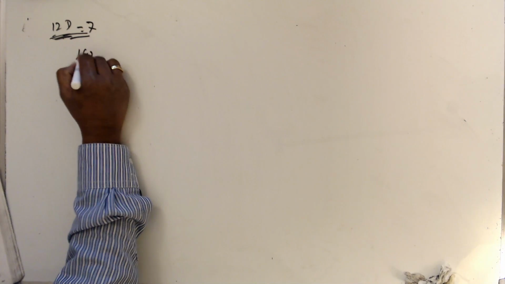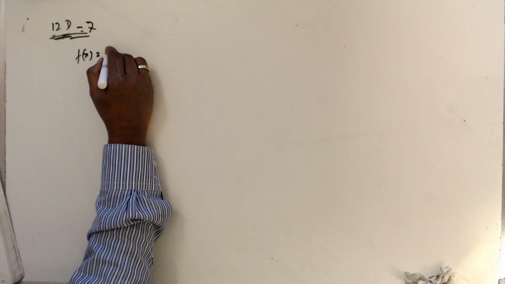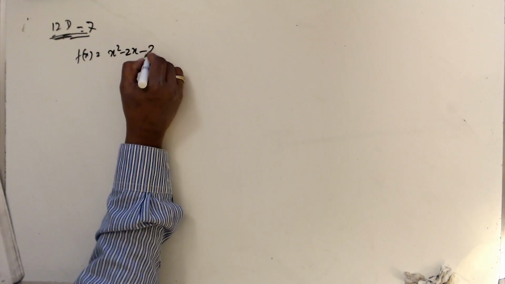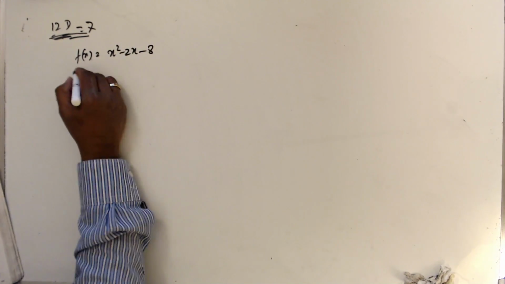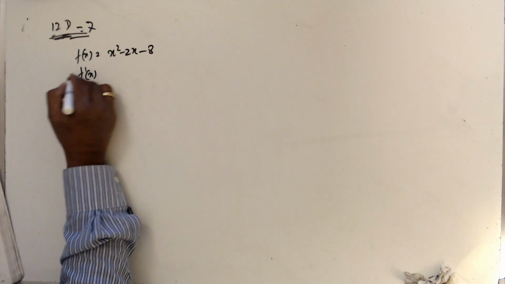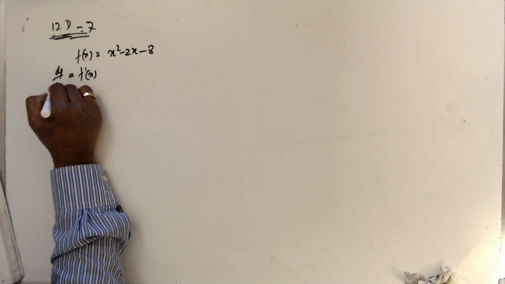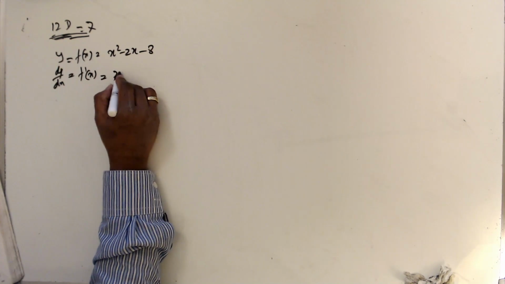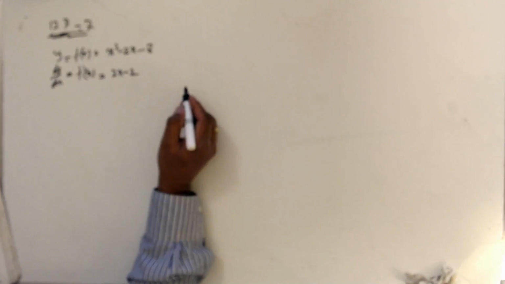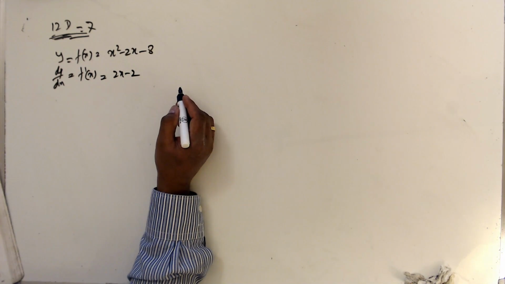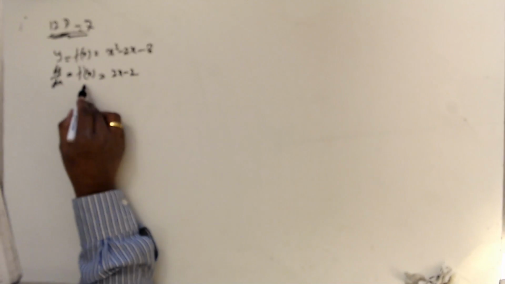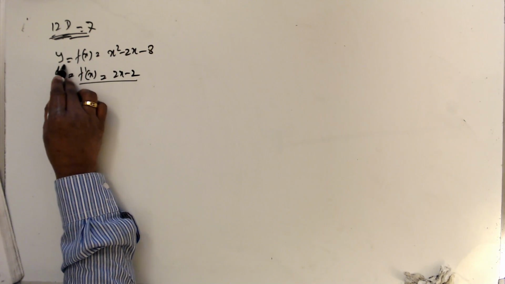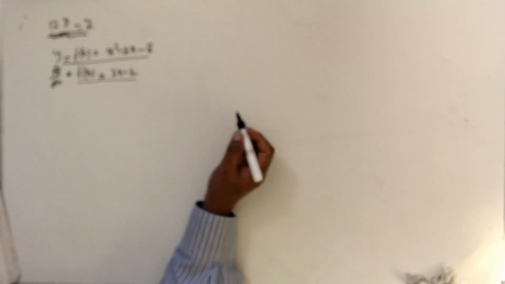So f(x) equal x square minus 2x minus 8. So f dash x, also dy by dx, if you take this as y, everything is the same. This is 2x minus 2. Now this is also a function of x.